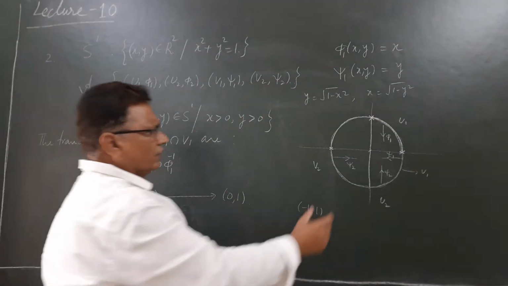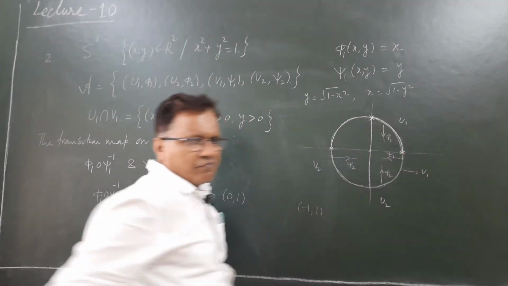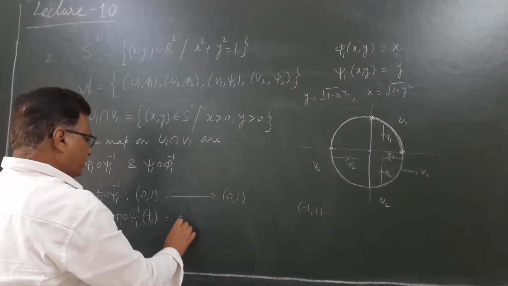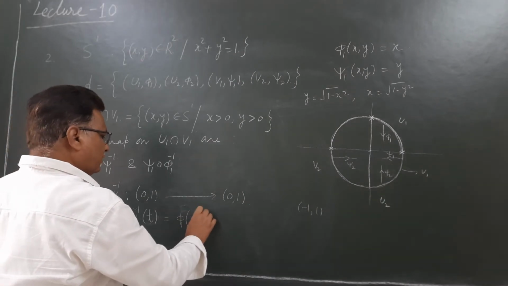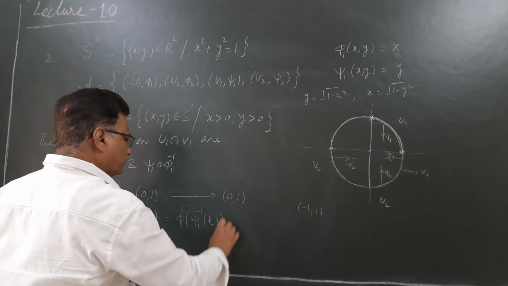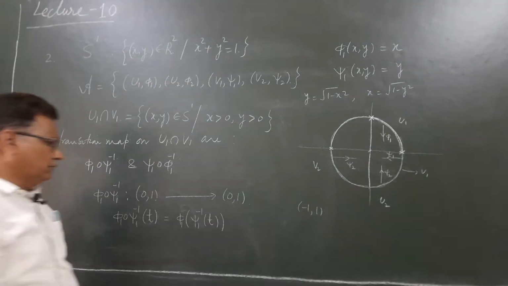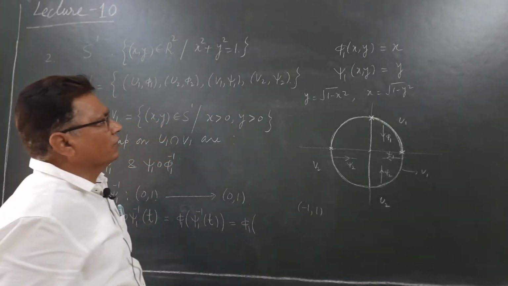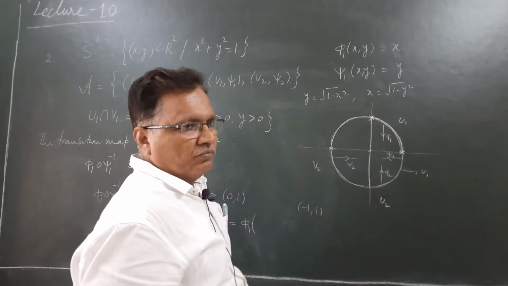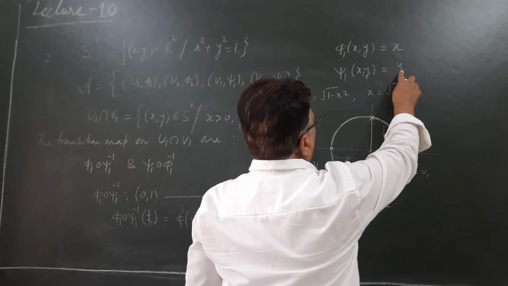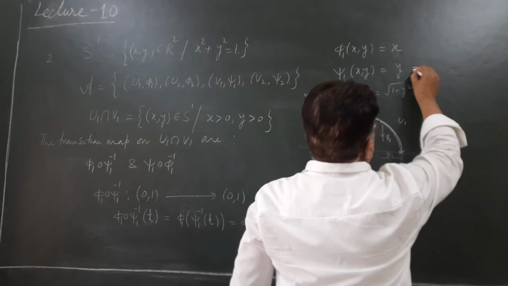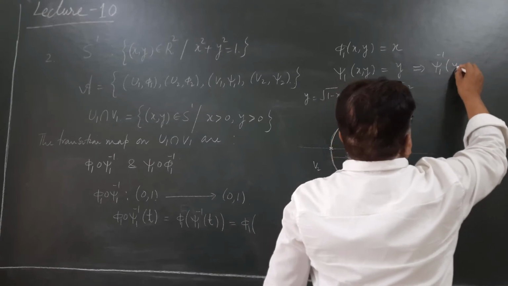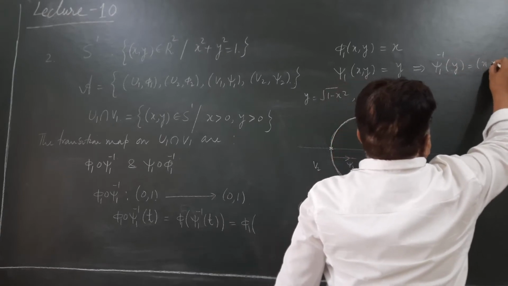I am taking the positive root because you are only on this part of the circle. So this becomes phi 1 of psi 1 inverse of t, and you have to look at it from here. So y equals under root 1 minus x square. What follows from here: psi 1 inverse of y is (x,y), am I right?